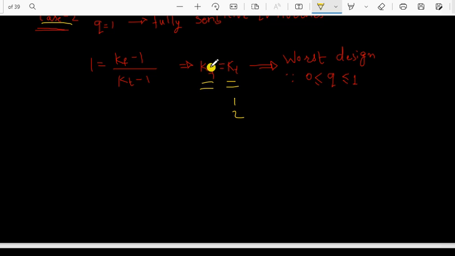If Kf is 1 or more than 1, then that condition is very bad. That design will be called very worst. So our desired value of Q should be less than 1, and then we will say it is a good design.